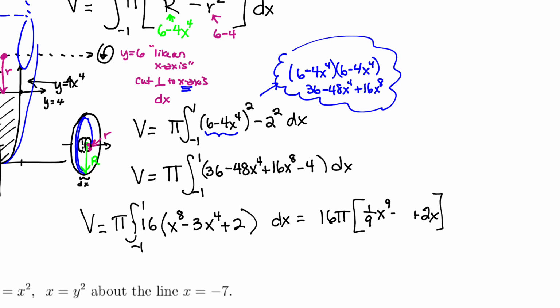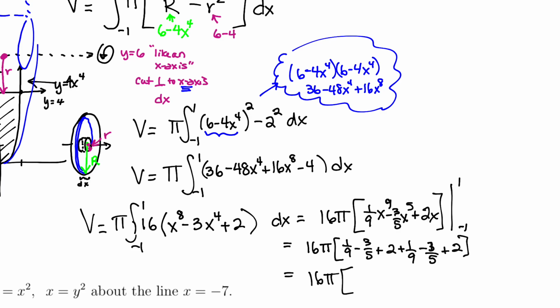Okay. 1/9 x to the 9th minus 3/5 x to the 5th plus 2x. Now plug in the limits: 1/9 minus 3/5 plus 2, plus 1/9 minus 3/5 plus 2.